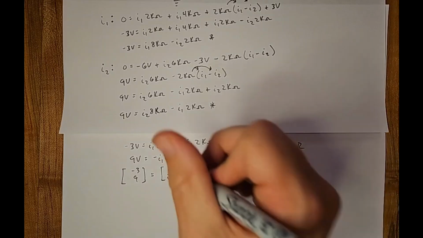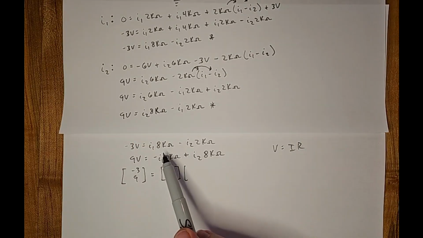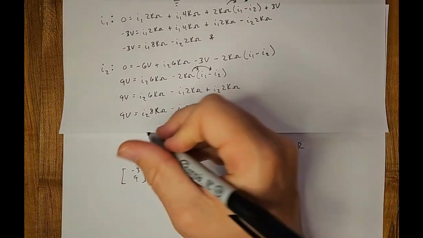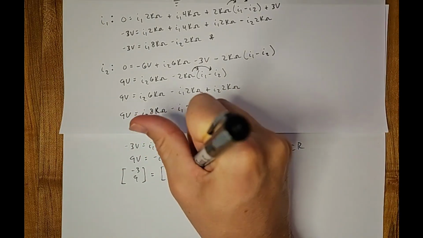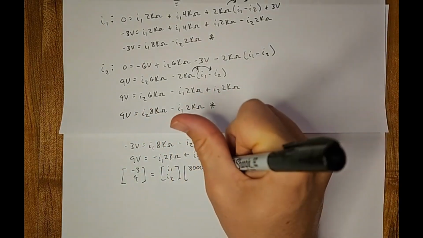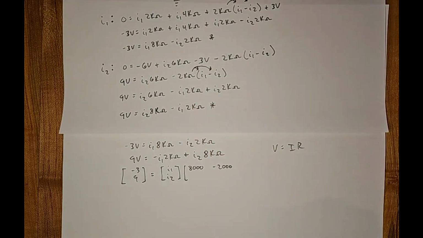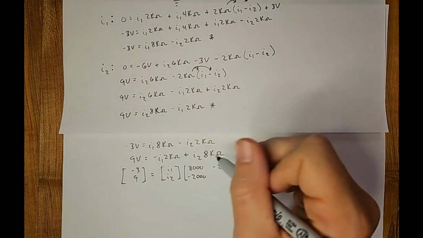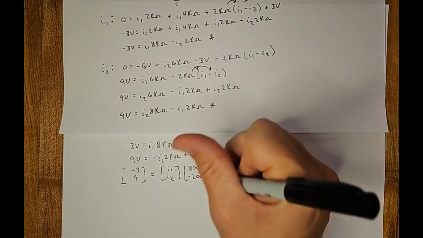And that's multiplied by resistance, which is going to be 8,000, -2,000, -2,000, +8,000. So let's write that out: 8,000, -2,000, -2,000 again, then +8,000.